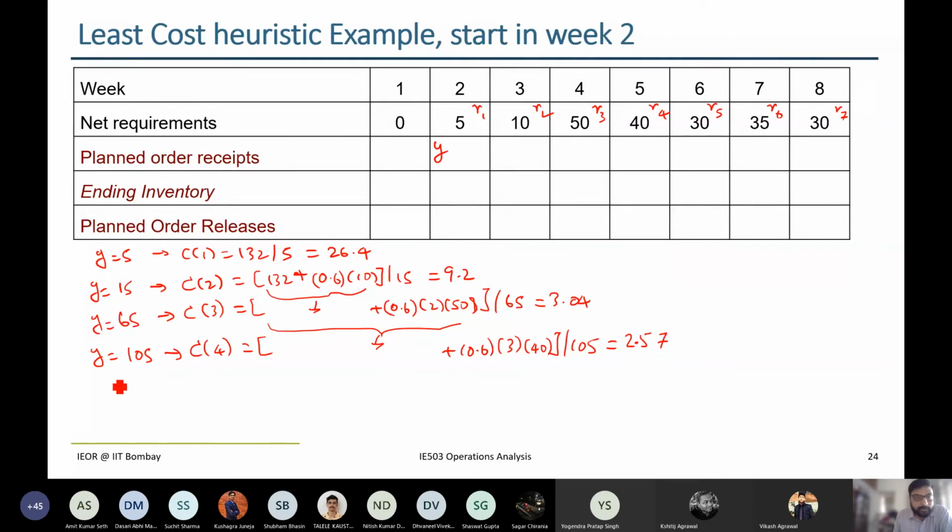So we'll continue that. Suppose y is, adding another 30 more units, 135.